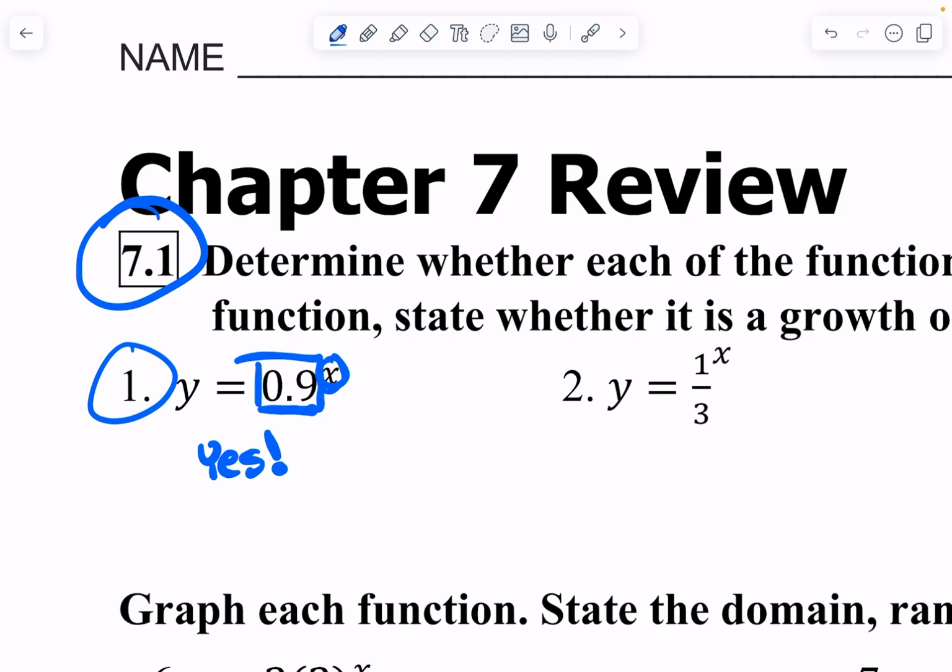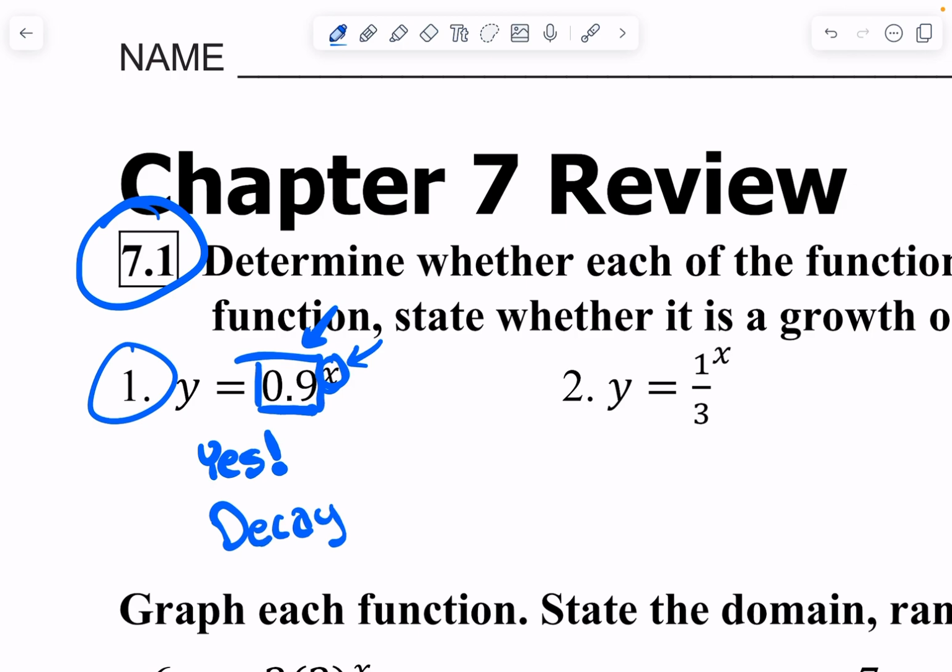If I plug numbers in for x, I'm multiplying by 0.9 every time, taking that number and multiplying by 0.9 again and again. Because this number is less than 1, it goes down slightly every time. So this is going to be a decay function.